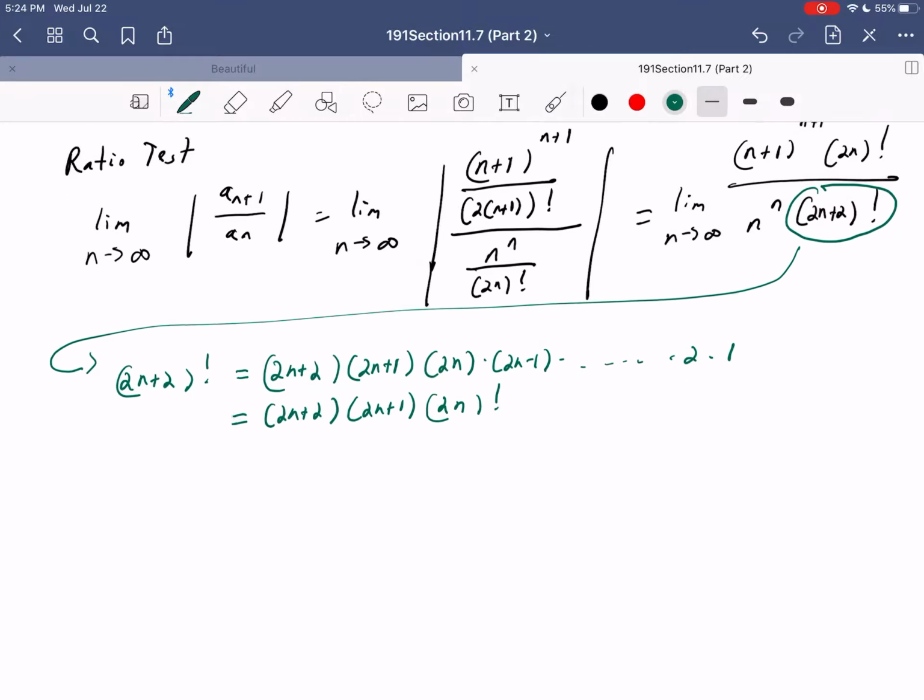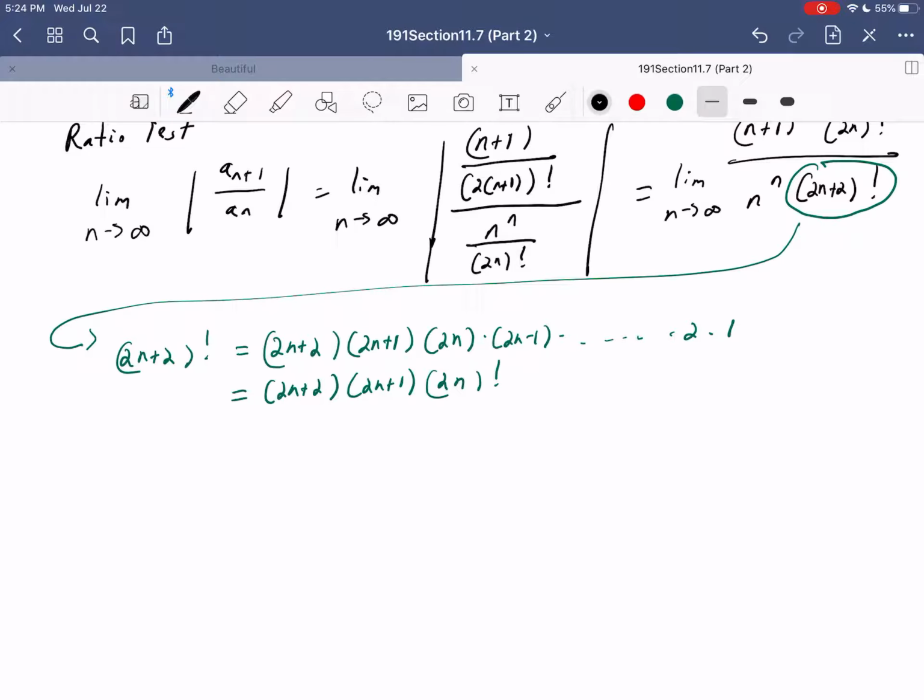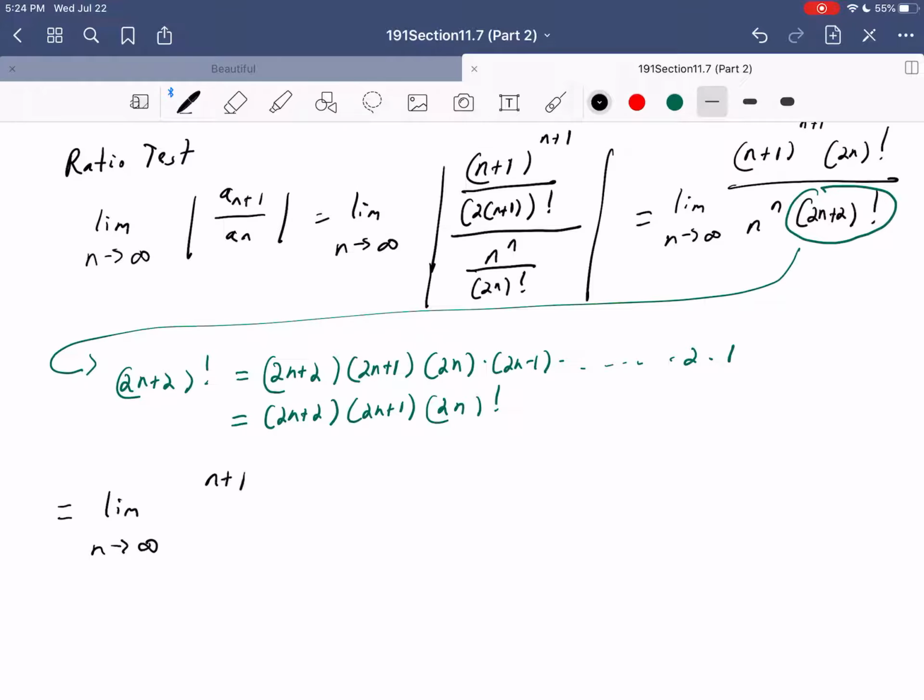So now if we look at that, we have that this is the limit as n goes to infinity. Up top, we still have (n+1) to the n+1 over n to the n. And now we have 2n+2 and 2n+1. Okay, let's do a little trick and factor a 2 out here.